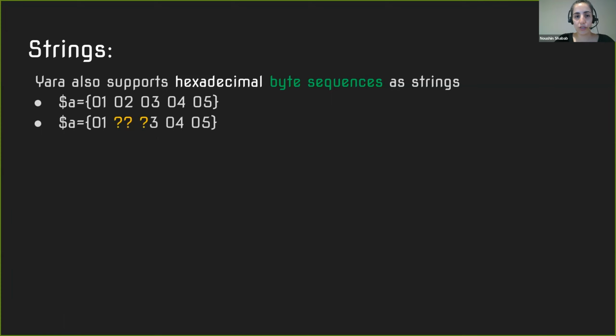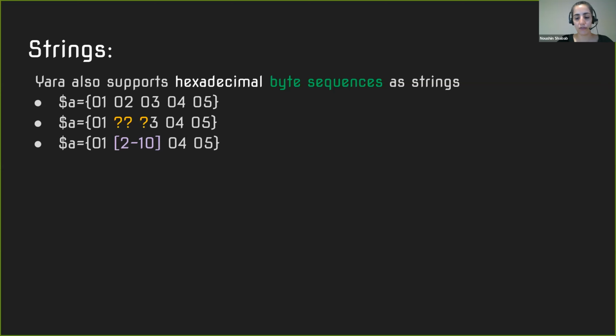We can also use these question marks to make sure that anything that is there at that specific offset of the string is matched, and we just ignore that part. We can also use ranges to show that at this part of the hexadecimal string, we want anything between 2 bytes to 10 bytes.